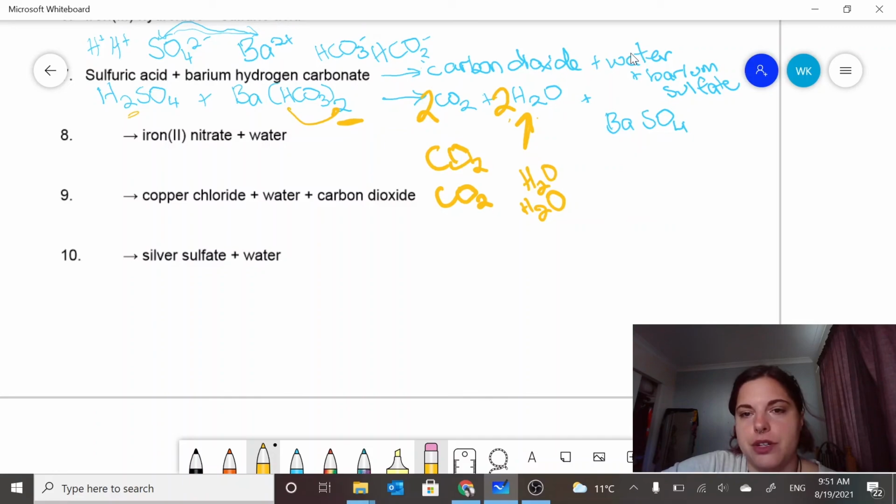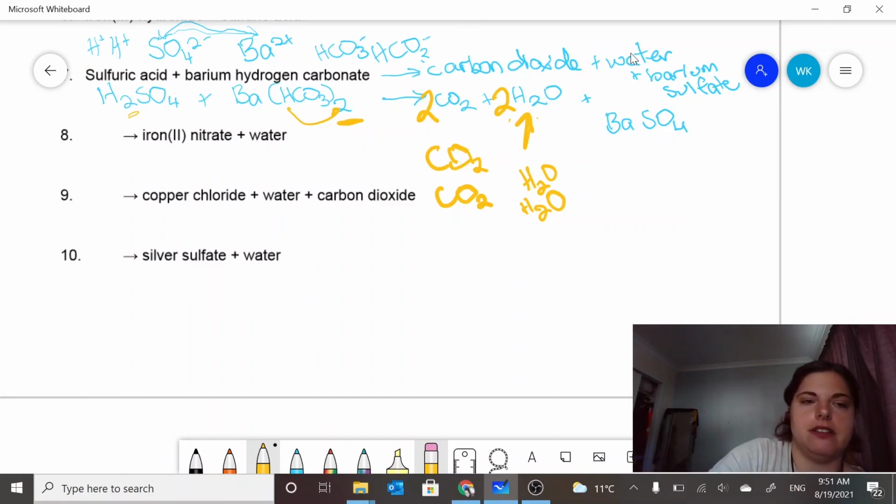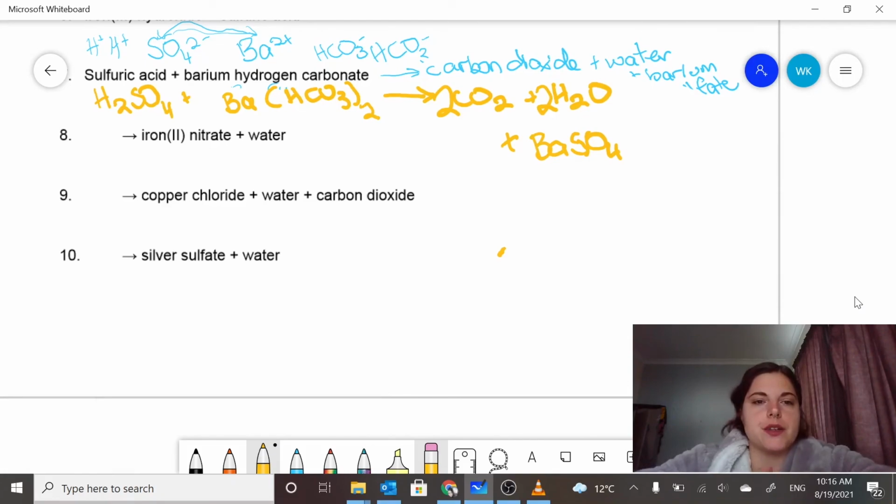So 4 plus 2 is 6, plus 4, which is 10. And so that is our balanced symbol equation, and I'm going to write that out nicely. So the full balanced equation for this one is 2 CO2, 2 H2O, and 1 barium sulfate. So you don't actually change anything on the reactant side, it's just what's on the product side.